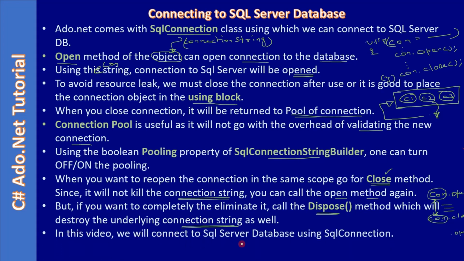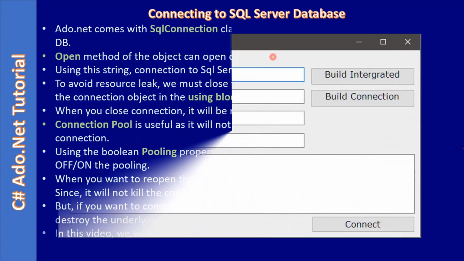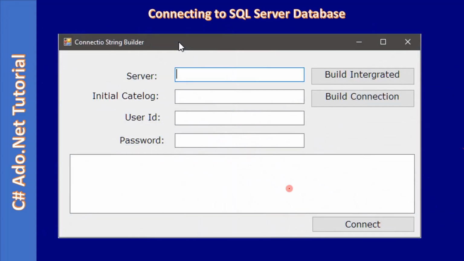In this video, we will connect to a SQL Server database using the SqlConnection object. We already talked about SqlConnection, and now we will see an example. We already talked about build integrated and build connection.